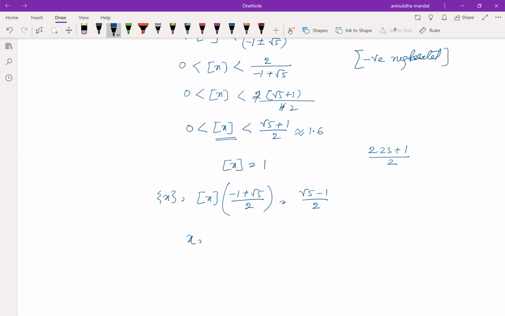So x equals the greatest integer plus the fractional part, so 1 plus (root 5 minus 1) by 2. So the value of the complete x is (root 5 plus 1) by 2. So this is the final answer.